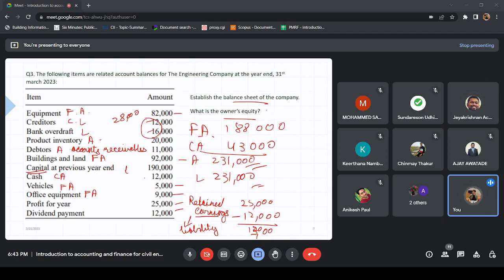So owner's equity would have been 231 minus 28,000. How much is it coming? 203. And let's check, 13,000 is your retained earning and your capital was 190, so that is also 203. Okay, so owner's equity we checked like that.